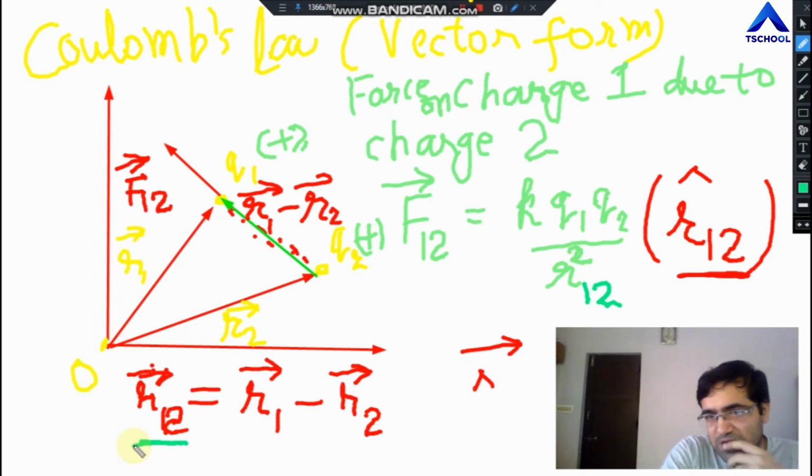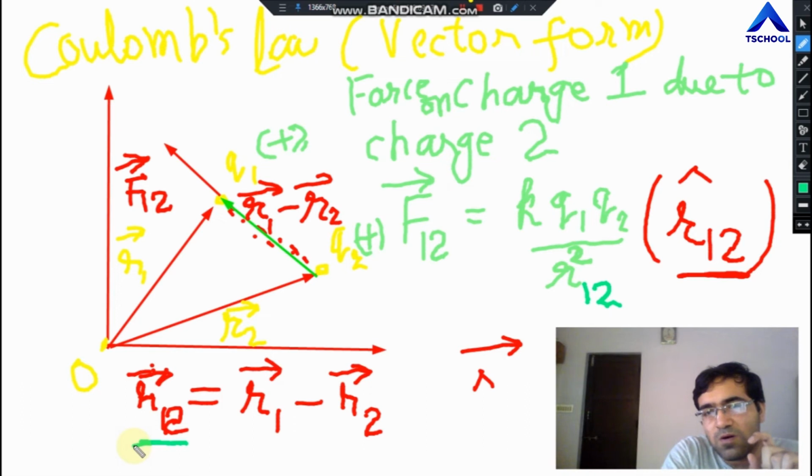You might have a question: what if these charges were negative, or what if one of them was negative but the other was positive? Even in that case, the expression that we have derived works correctly.